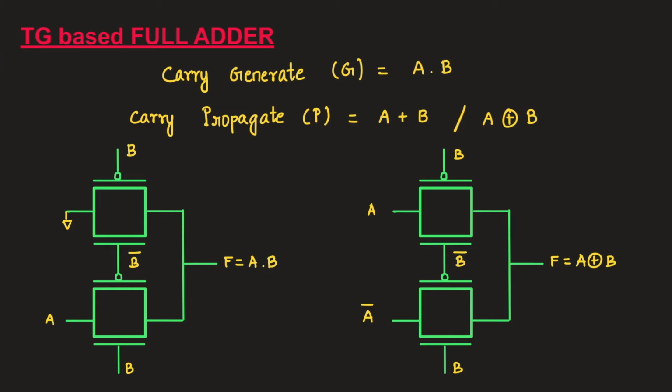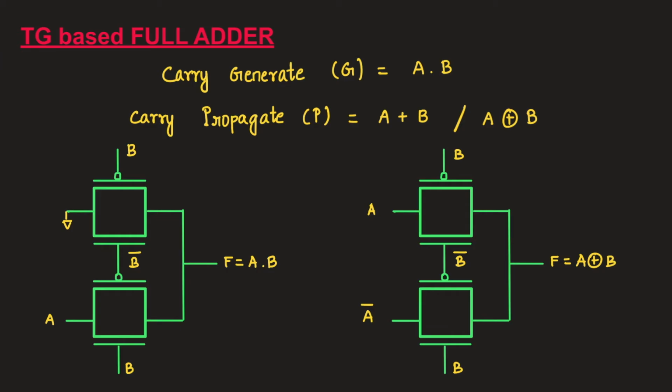For this particular model, we will define what is carry generate and carry propagate function. Carry generate is when both the inputs, let us say the inputs are A and B, are 1. This will generate a carry due to the current inputs, and therefore we use an AND function to represent a carry generate signal.